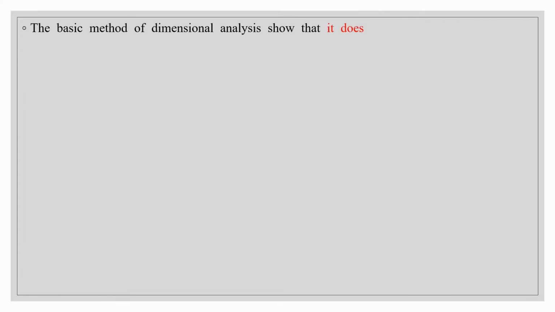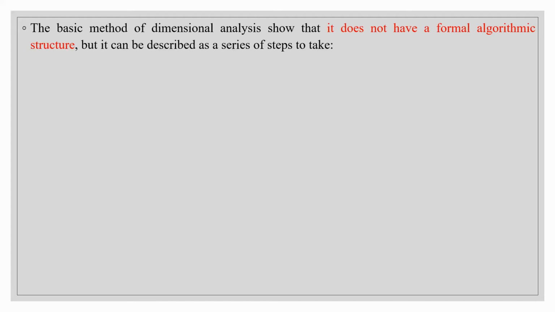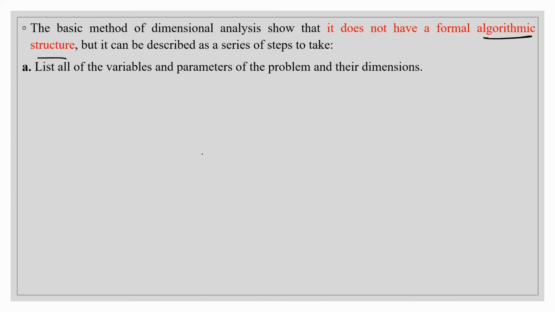Now you have already seen that the basic method does not follow any formal algorithmic structure, but there are a few steps that we need to take. First, we list all the variables and parameters, as we did in this case.